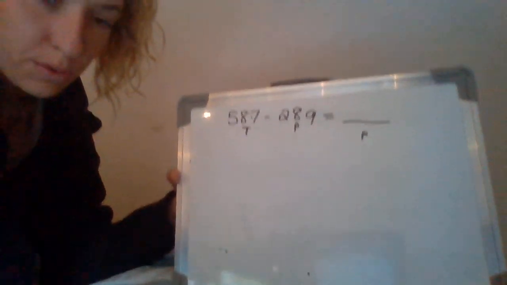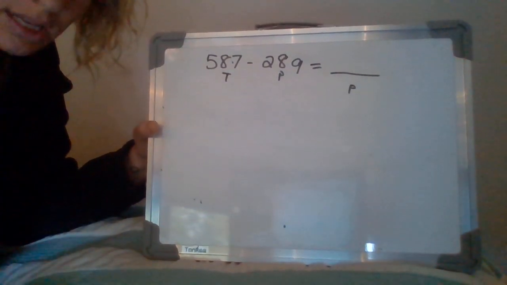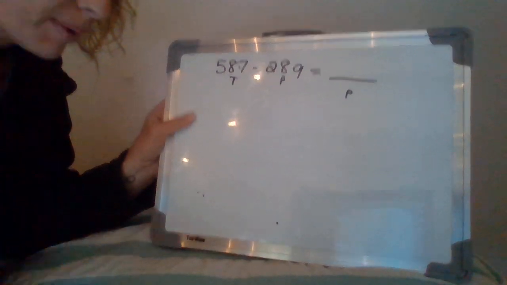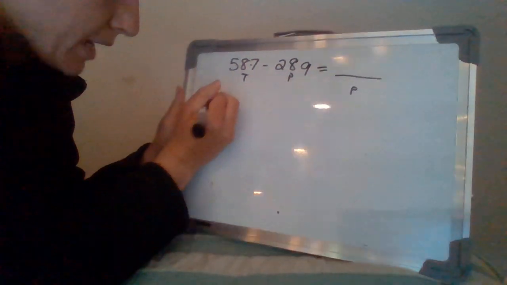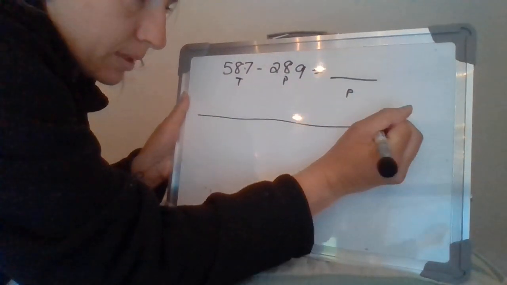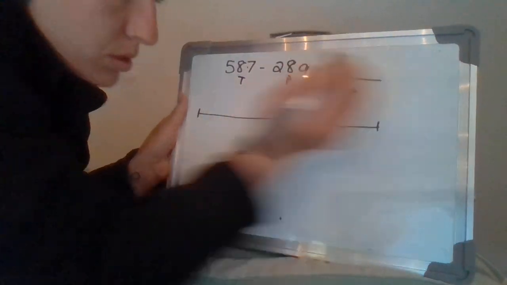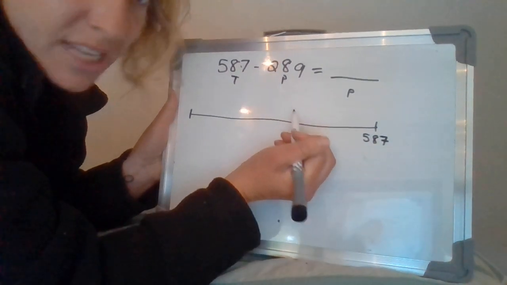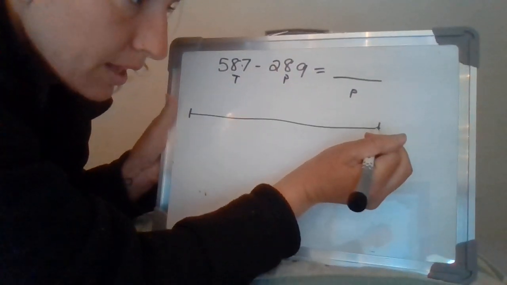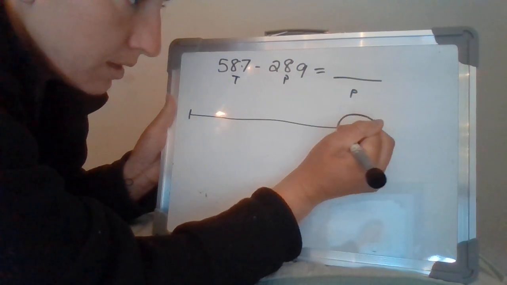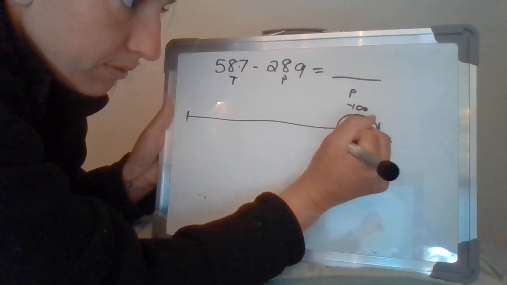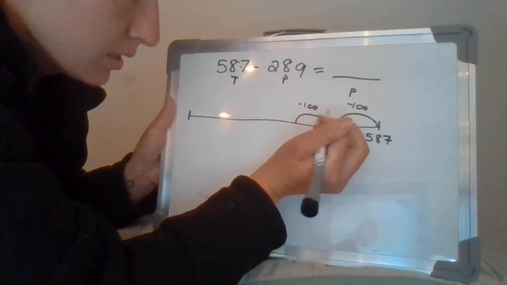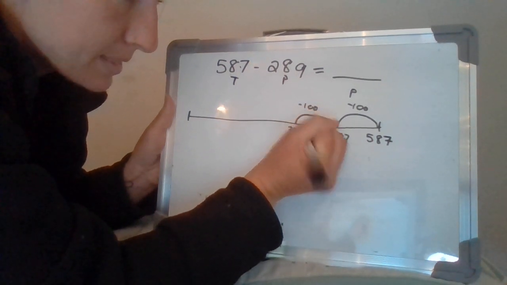So there are a couple different ways that you could solve this. You could use sticks and dots, you could use an algorithm, and you can use a number line. We're going to start by using a number line, and then we will also check it with the algorithm. So when I start with a number line, I want to start with my total. So I'm going to start at 587 and then count backwards until I get to 289. 587 minus 100 would be 487, minus 100 would be 387.